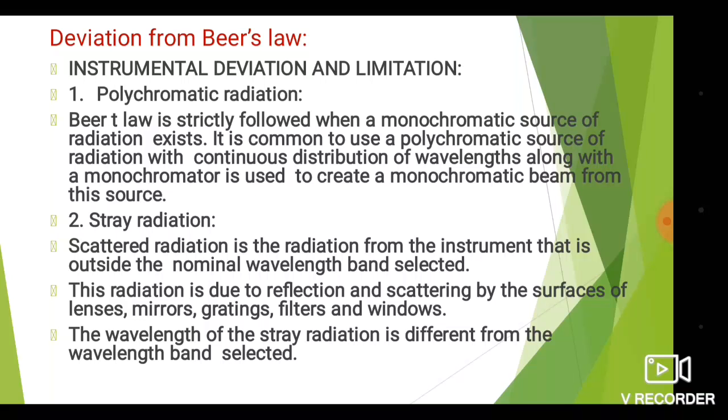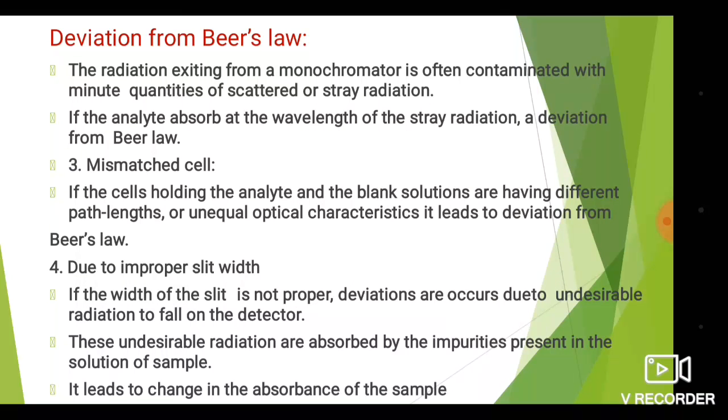The wavelength of the stray radiation is different from the wavelength band selected. So this stray light interferes in the original absorption band. It has different wavelengths than that of the radiation selected for the absorbance. The radiation exiting from the monochromator is often contaminated with minute quantities of scattered or stray radiation.